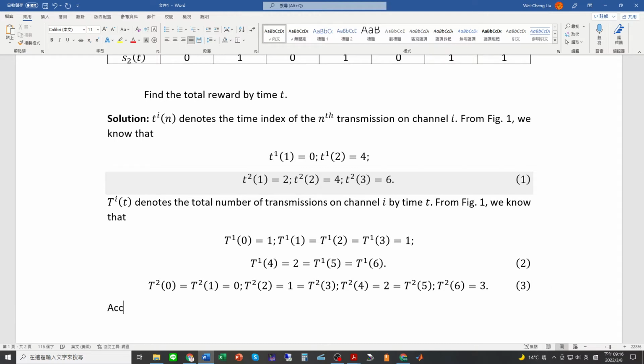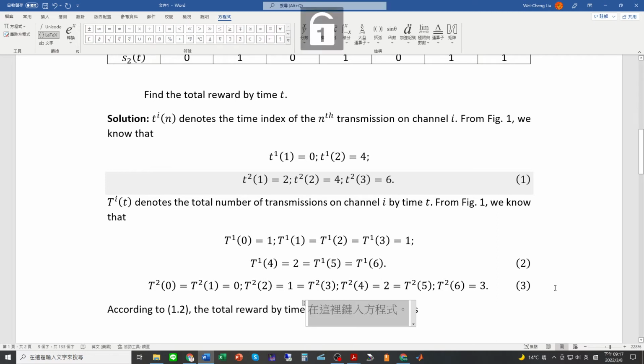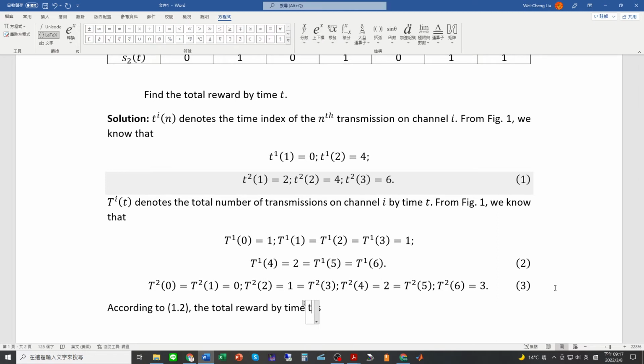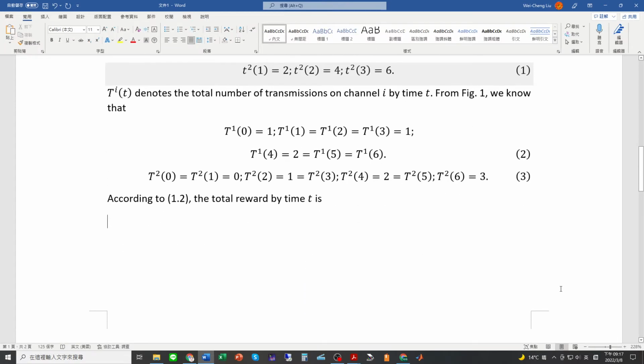Then according to equation 1.2, the total reward by time t is this equation.